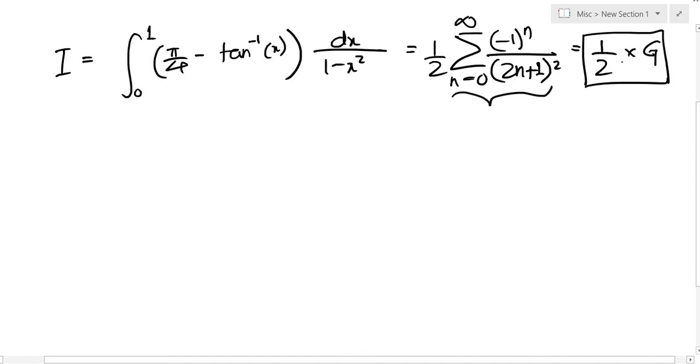I think we obtained 2 times Catalan's constant in that one. So you know, these integrals are actually equivalent forms of each other. You can obtain the other by using a specific type of substitution or rearranging the terms in a certain way. But that's it for this video, guys.